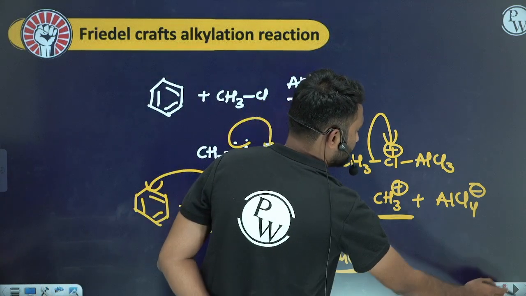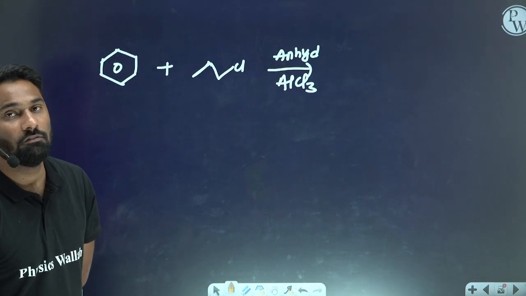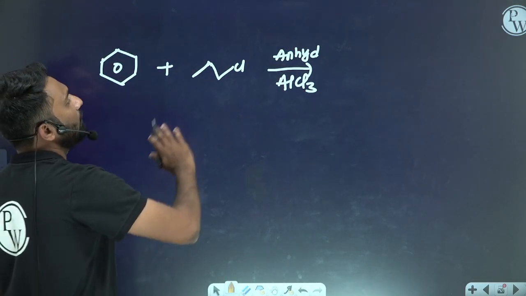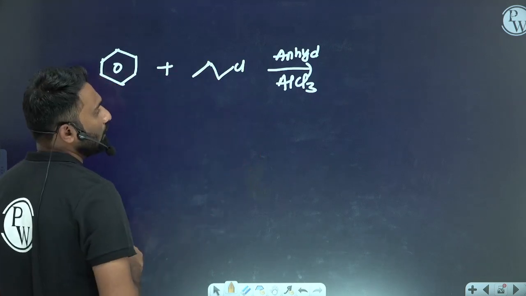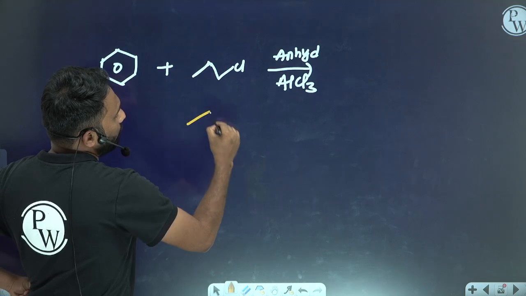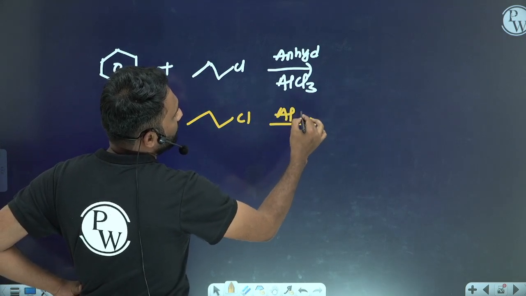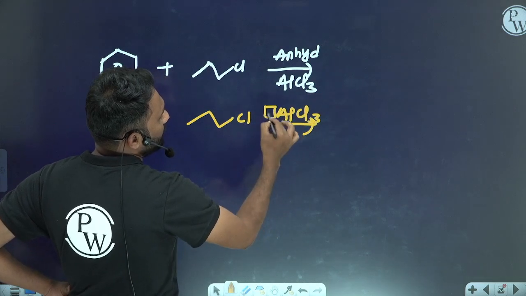Next, this reaction is very important. In Friedel-Crafts alkylation, when they have given the propyl chloride, what you have to do is, same thing. Now AlCl3 has an empty p orbital.